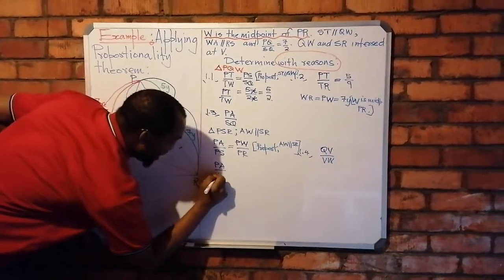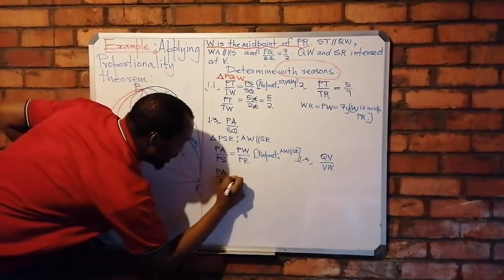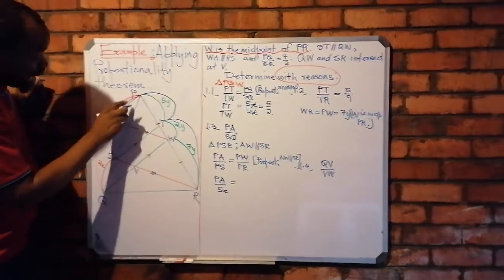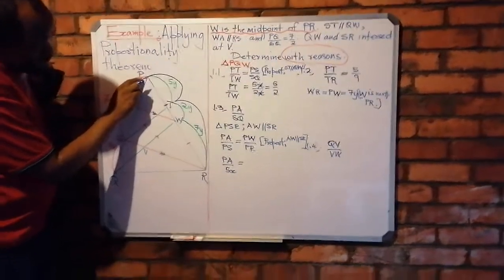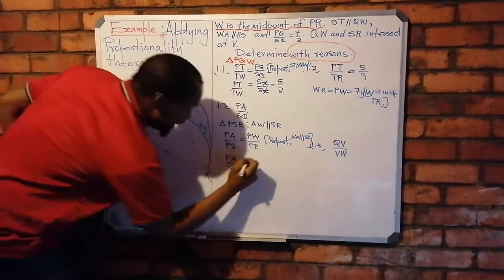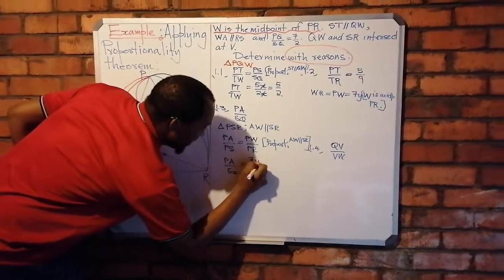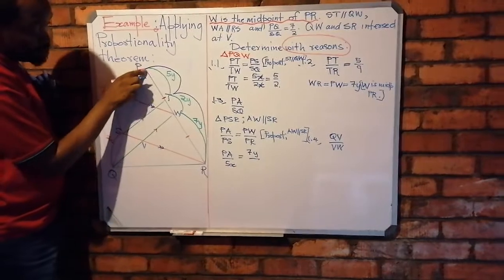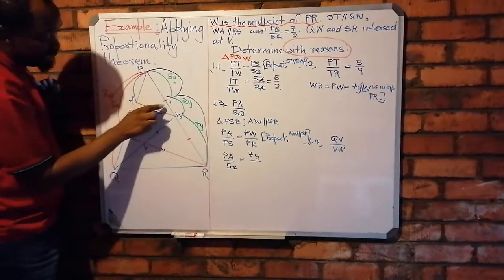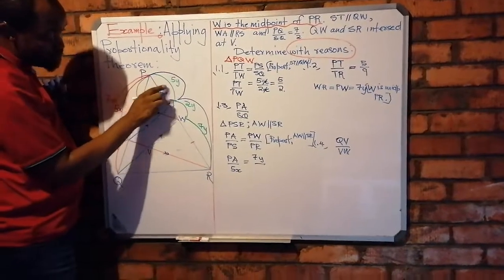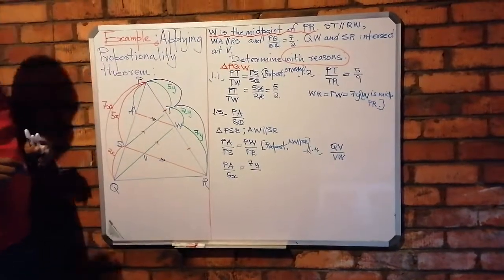PS is 5x, beautiful, which is equal to. Now I've got PW. PW is 7y. Remember now, PT is 5y, TW is 2y, and PW is 5y plus 2y, which is 7y.